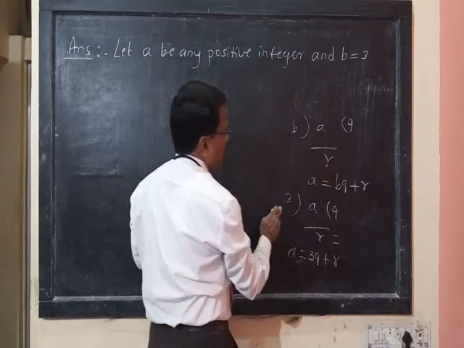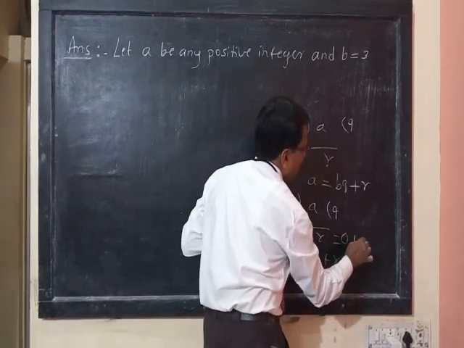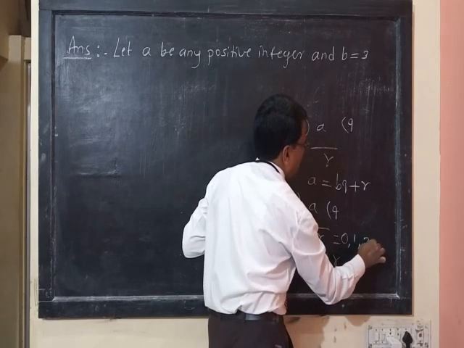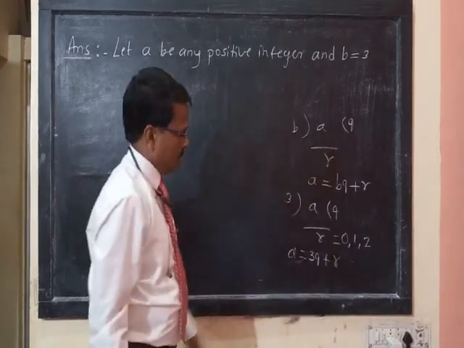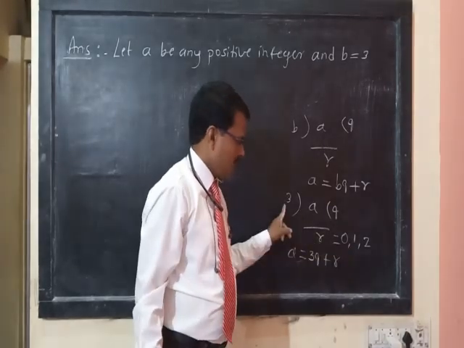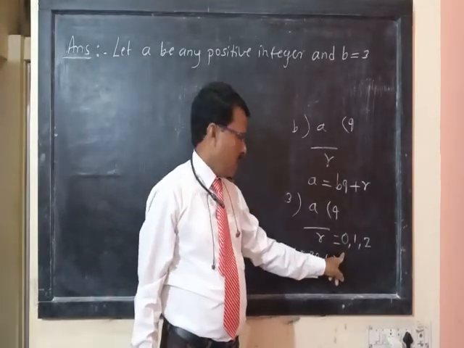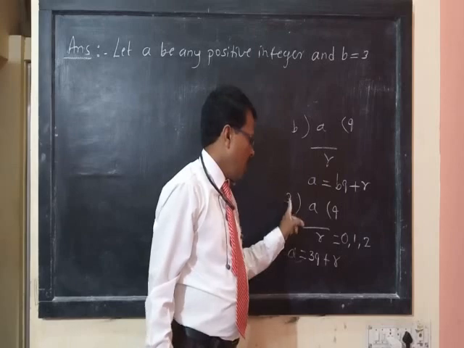But the remainder can be 0, 1, 2. These are the possible remainders because the divisor is 3. Remainder will always be less than the divisor.